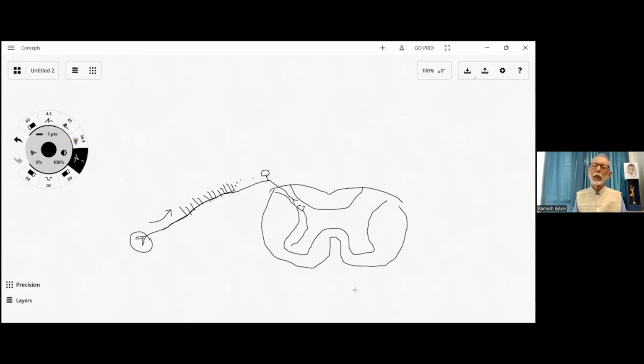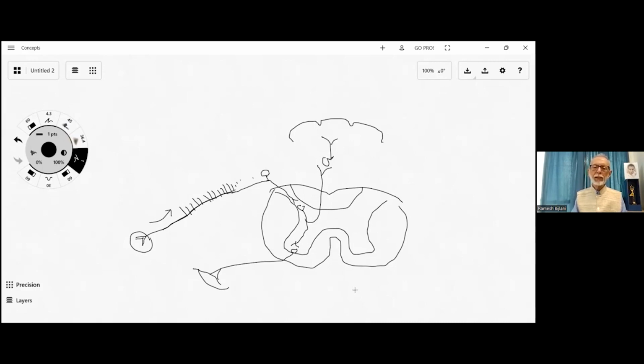And one thing that it does is to stimulate a reflex, a contraction of a muscle, but then simultaneously, it also goes up and finally reaches the cerebral cortex, where once it reaches there, then we are able to perceive the stimulus.